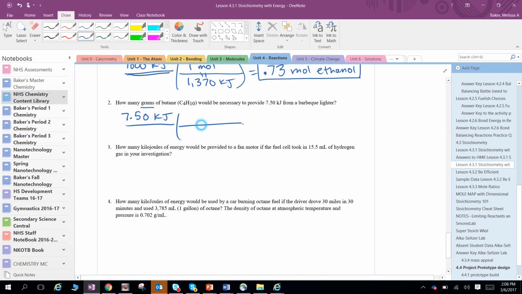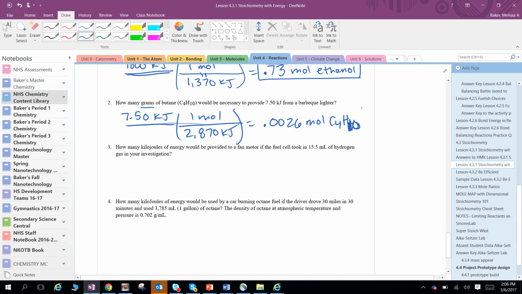So we definitely don't need close to that, because we only need 7.5 kilojoules. And we can actually stop here and calculate how many moles that is. 0.0026 moles of C4H10. I multiplied across the top and divided by the bottom.